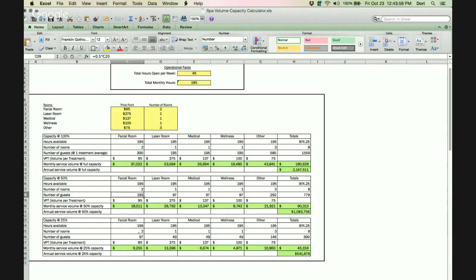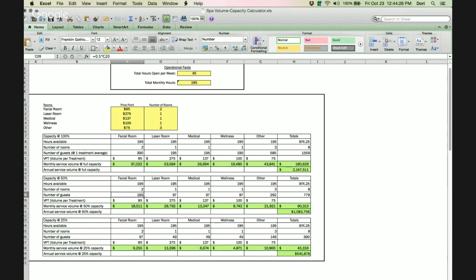So if you're at 25 right now and you want to go up to 50, that means you need to have 195 facials from those two rooms to reach a 50% capacity. If you want your laser room to be operating at 50% capacity, that means you need to have 97 laser treatments and so on. So that's very important when you're planning your marketing.